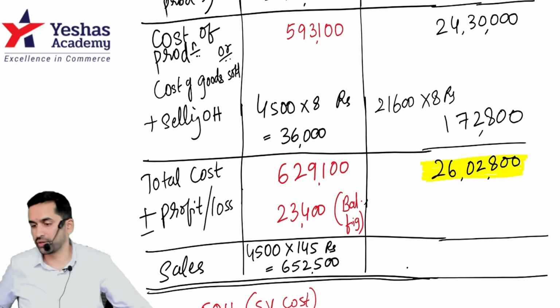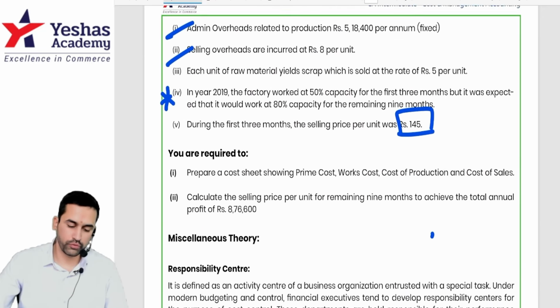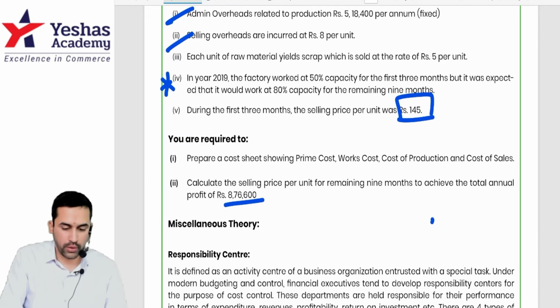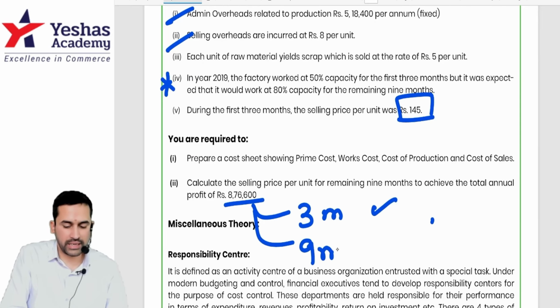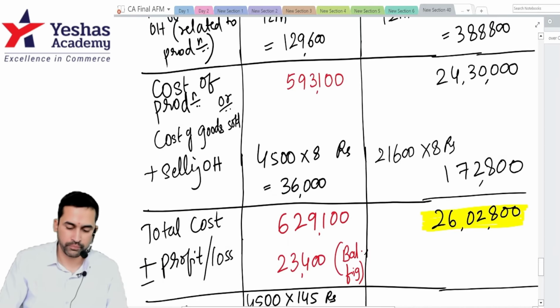Now, how much should be the profit? For that they gave an adjustment in question that full year profit should be this. Out of that, if I take out first 3 months profit, then the balance 9 months profit should be available in calc itself. Do it. 876600.